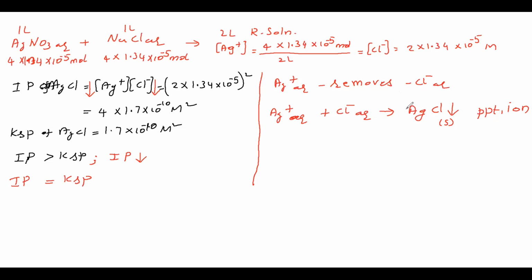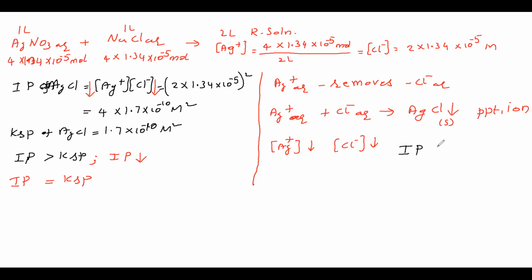Therefore, due to this process, what happens to the concentration of Ag plus? Decreases. What happens to the concentration of Cl minus? Decreases. So the system continuously removes Ag plus ions from the solution. Therefore, Ag plus concentration continuously decreases, simultaneously Cl minus concentration, while AgCl goes on precipitating.